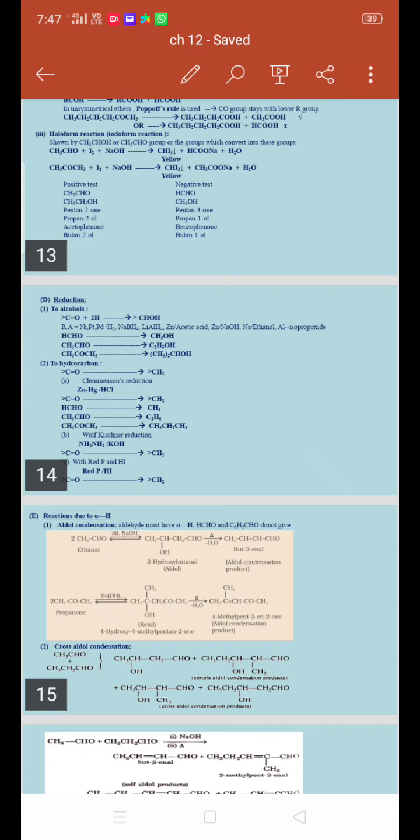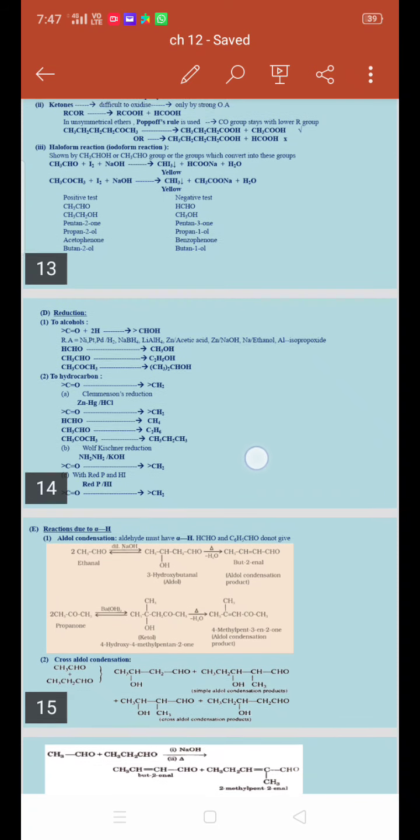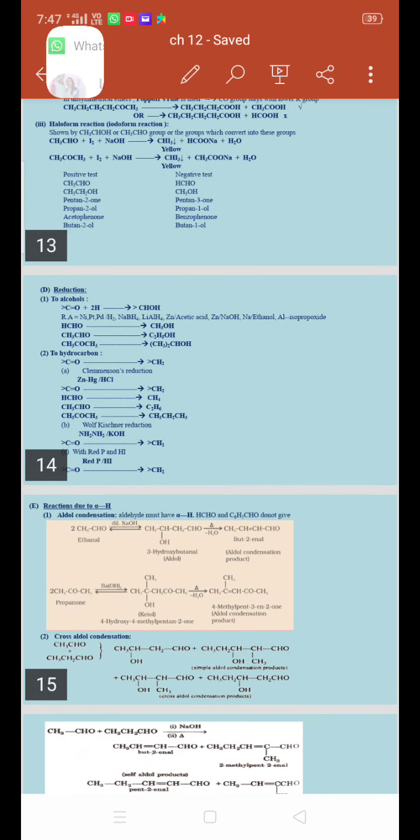Okay, clear. The first reduction was aldehyde and ketone reduced to alcohol using sodium borohydride and lithium aluminium hydride. Now the second reduction is aldehydes and ketones reduced to hydrocarbons using zinc amalgam and HCl. This is called Clemmensen reaction.